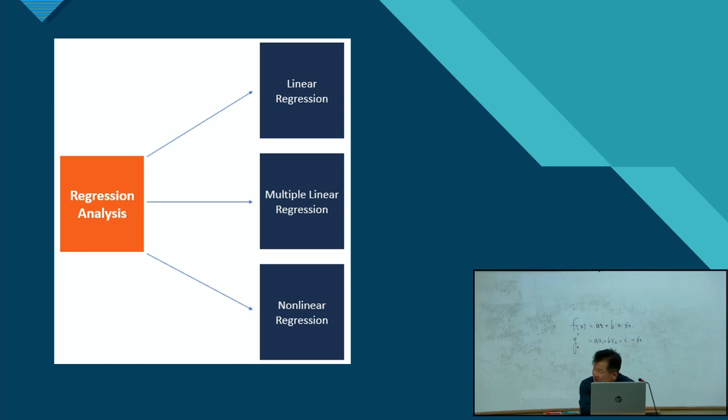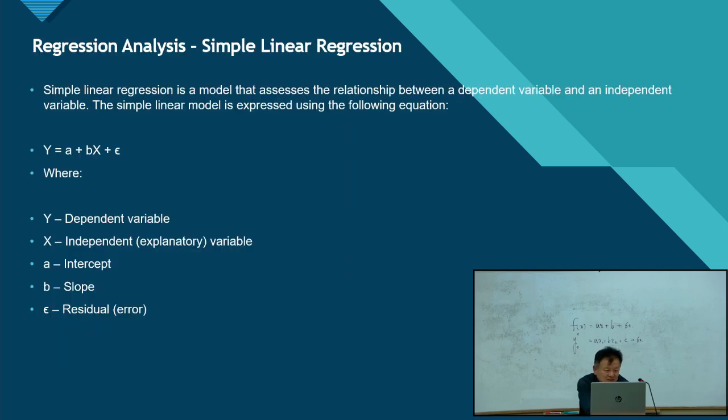So regression analysis has three kinds: linear, multiple, simple, and second level, second dimension, and non-linear regression. Let me show you a simple linear regression example. y = a + bx + epsilon, so y = ax + b + epsilon, the same.